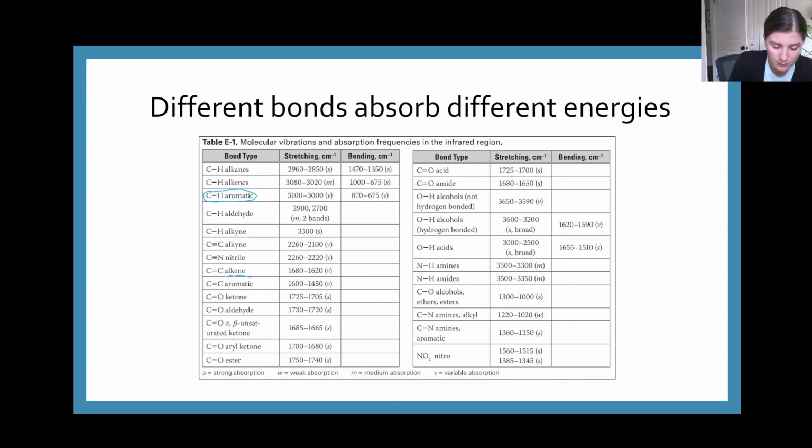We also have a row for carbon to carbon double bond in aromatic rings. So if we have any other aromatics, there's carbon to nitrogen aromatic. And these other groups that are on this table will be important too. Like if we have a phenol group, we'll look for an OH as well.